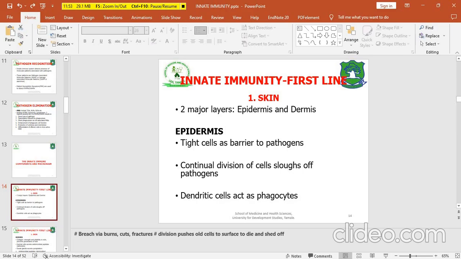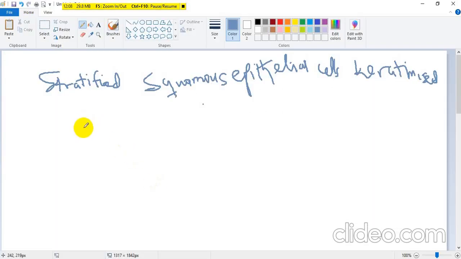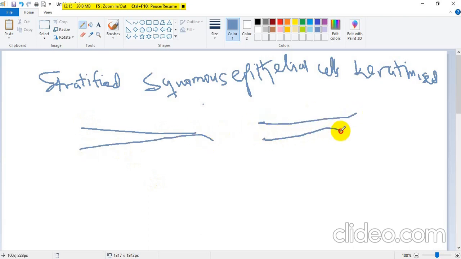So let's go. We have the dendritic cell. We will come to it later when we do antigen presentation. Now the dermis of the skin, after the epidermis, we go deeper into the dermis. If this is the skin, sorry, my drawing is bad, this first layer is the epithelium.